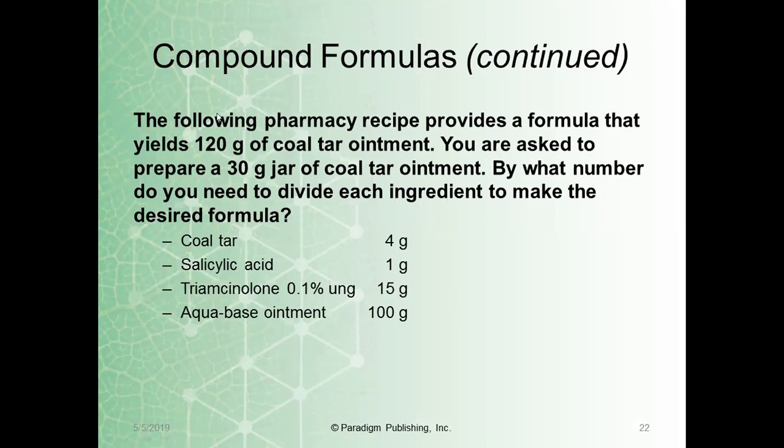So again, what you want would be on top. So 30 divided by 120 will give you 1/4. So that means that you're going to divide each ingredient by 4 in order to get your desired amount. So again, the answer is 4.